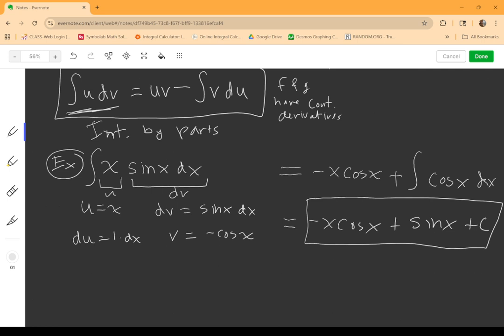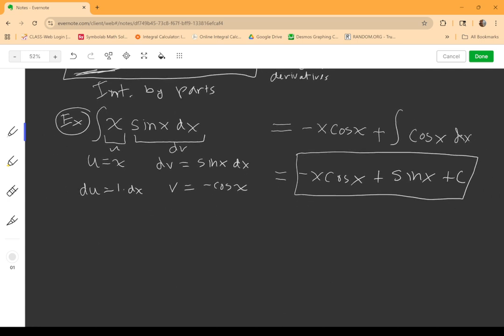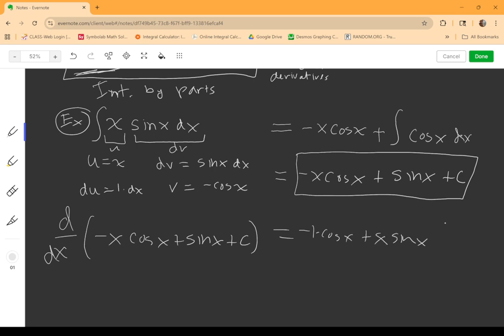Now as always, you could say, well, is this in fact the integral? You did this, but does this check out? Again, as always, when working with integration, you can double check that by taking the derivative of the antiderivative, what you just found. So we'll do that once here just to see that this is a valid technique. We use the product rule here, so we get negative 1 times cosine of x plus x sine x.